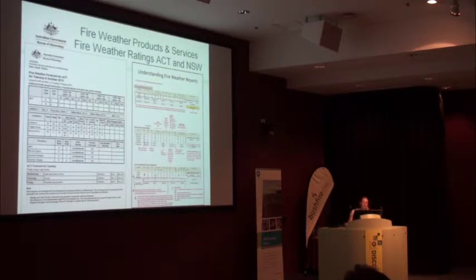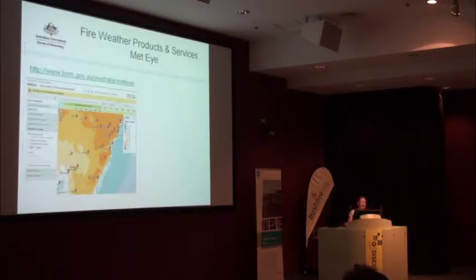And we also have an important role in communicating our fire weather forecasts. We are able to do this to the general public with our gridded information through METI. And we also have available to the fire agencies, in particular at the RFS, they're receiving all the grids, not just the ones that are available on METI, through our FTP service.